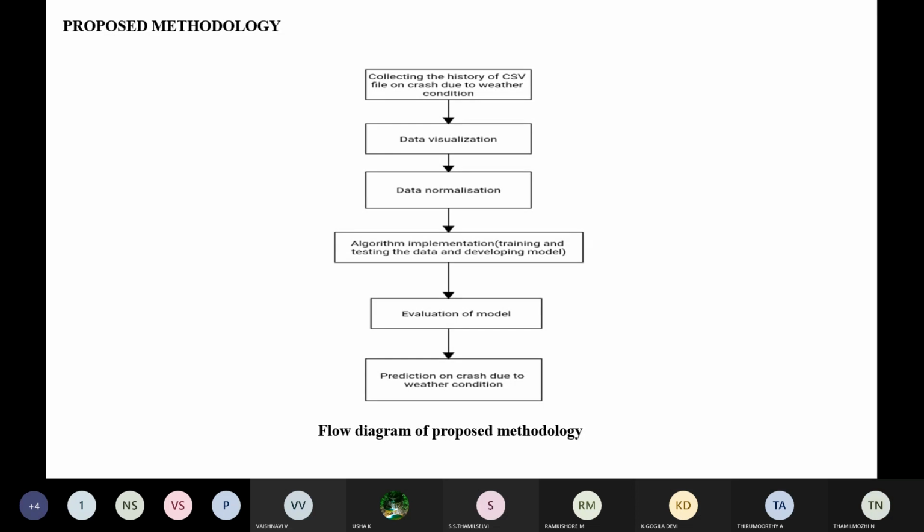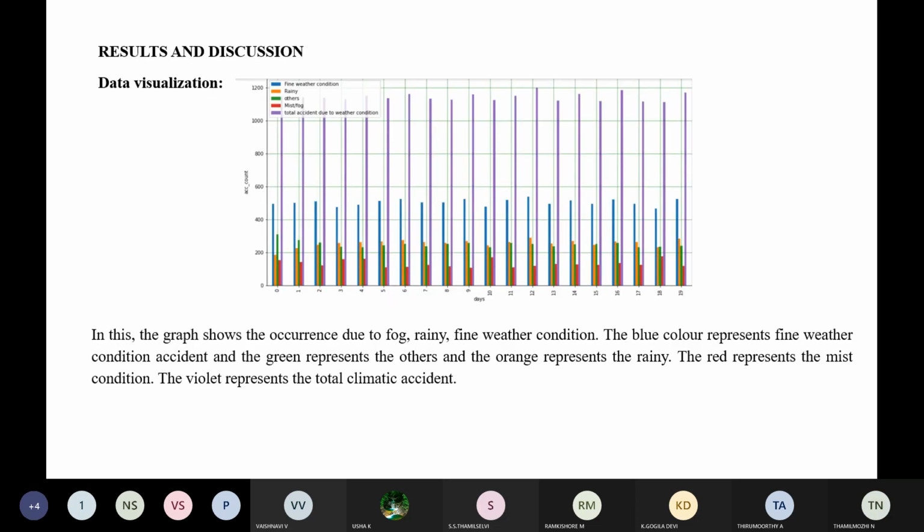Data visualization. Here we have visualized the actual data set, which is the input data we have taken. The input data was collected over 4 years, between 2016 and 2019.